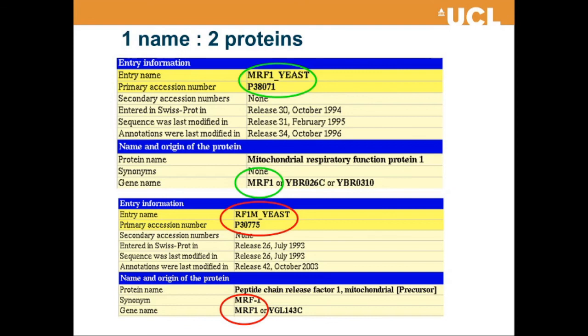Even worse, in this second case, we have two completely different proteins, MRF1 in yeast and RF1M in yeast, but one of the gene names used for them is MRF1 in both cases. And obviously that can cause major problems.